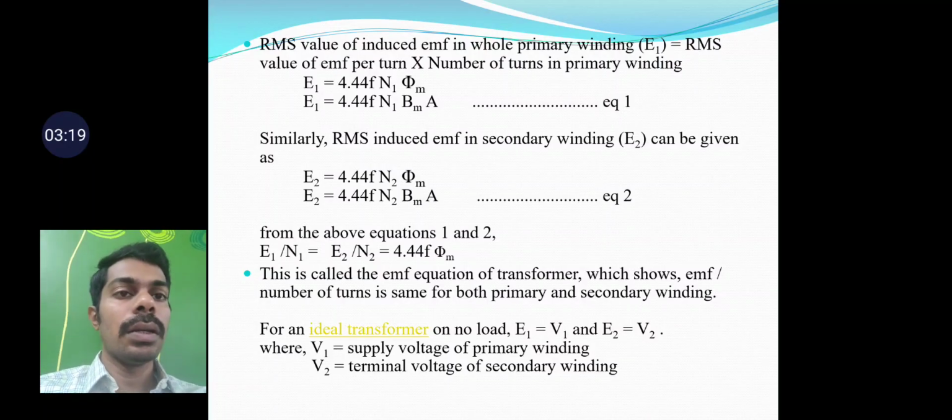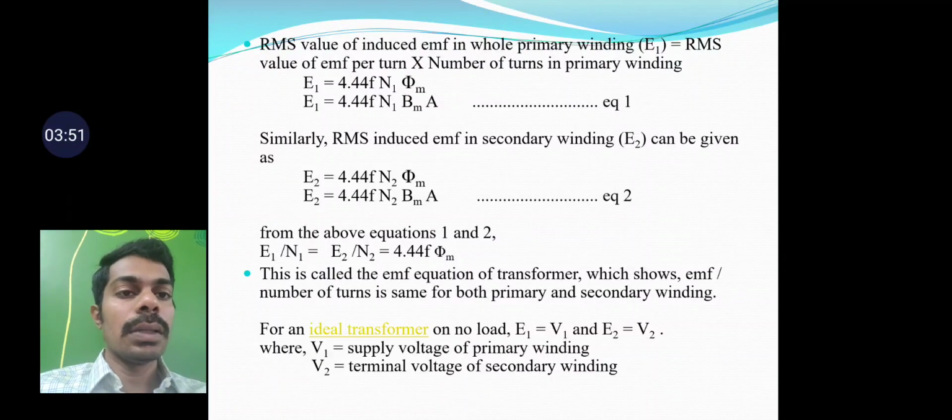Similarly, the RMS value of induced EMF in the secondary winding E2 can be written as E2 is equal to 4.44 f N2 Bm into A. From equations 1 and 2, we can write E1 by N1 is equal to E2 by N2 is equal to 4.44 f into phi m.